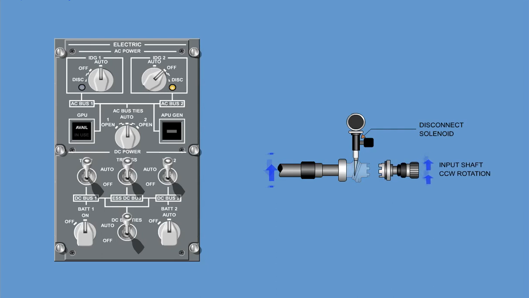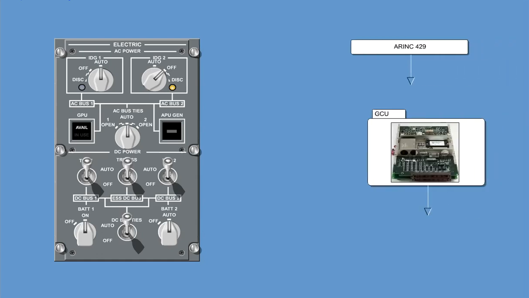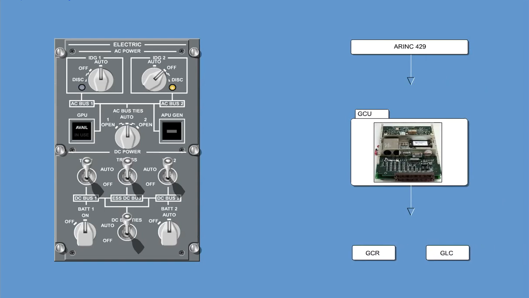As the shaft rotates, the plunger rides along the cam, moving the shaft axially away from the input shaft. The IDG input shaft part remains engaged with the drive spline of the gearbox. A signal is also passed over ARINC429 to the respective GCU to trip the generator control relay and the generator line contactor.